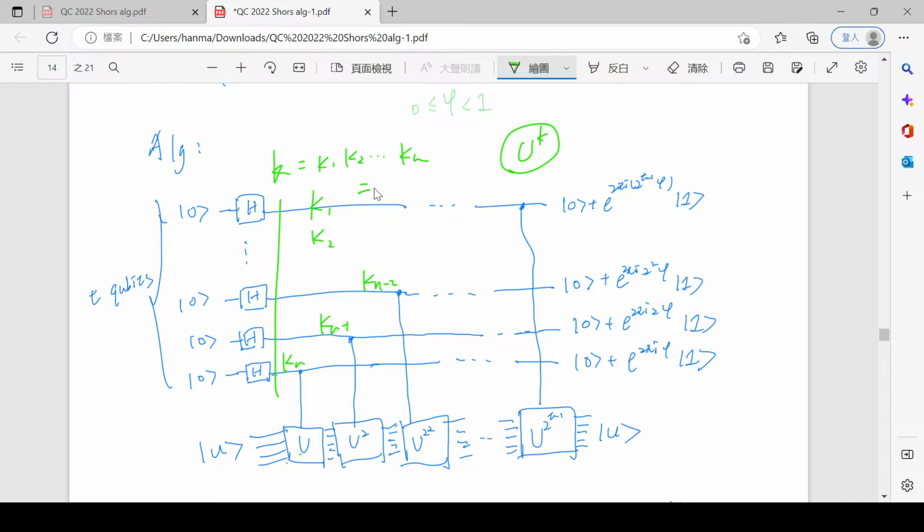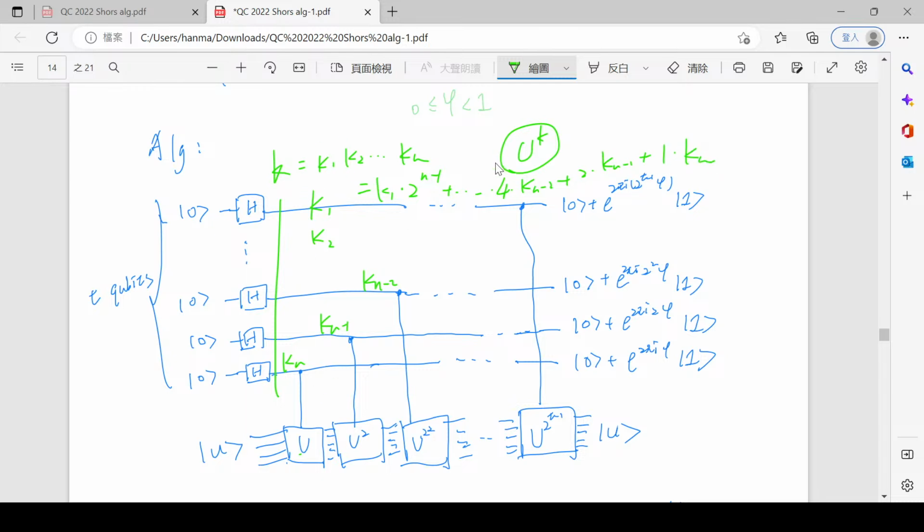Once again, this is k1 times 2 to the n minus 1, plus and so on, plus k(n-2) times 4, plus k(n-1) times 2, plus kn times 1, right?